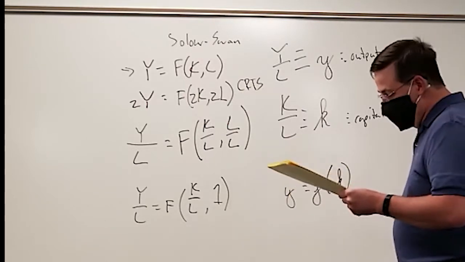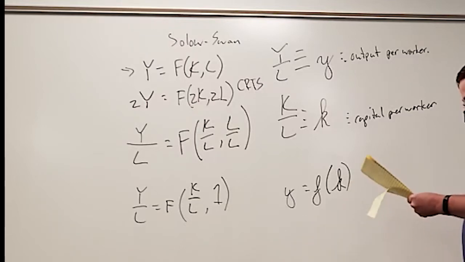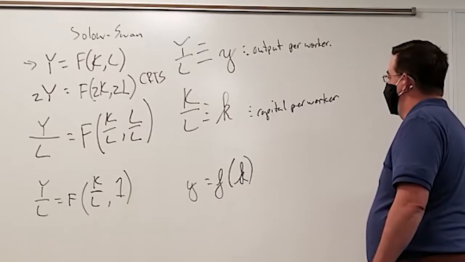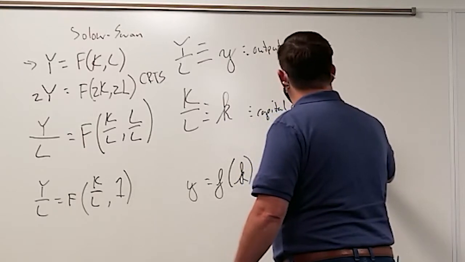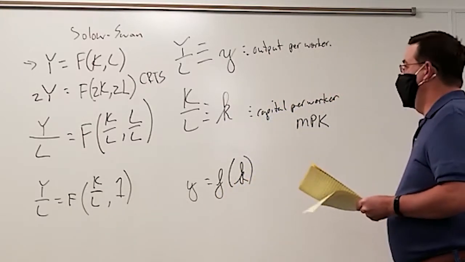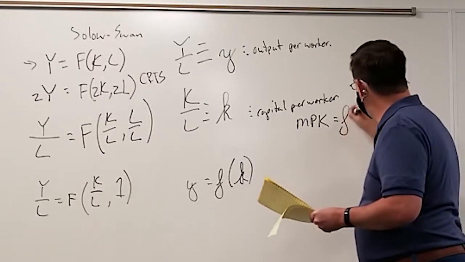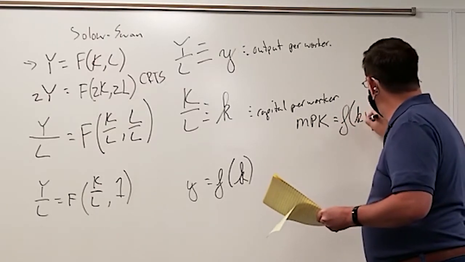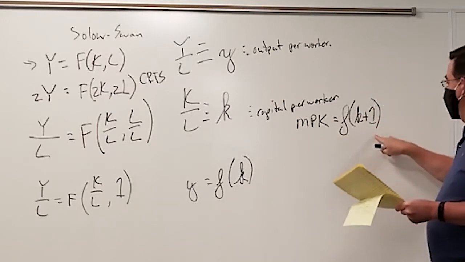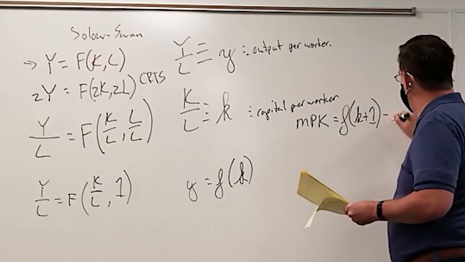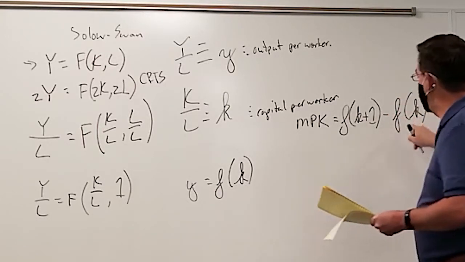The first step is to say, well, okay, what happens when we add a little bit more capital? Or in other words, what is the marginal product of capital? And we can define the marginal product of capital to be the output of one more unit of capital minus the output of however much capital we had to begin with.